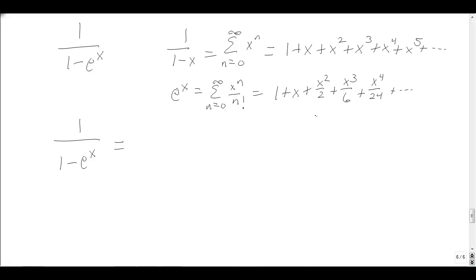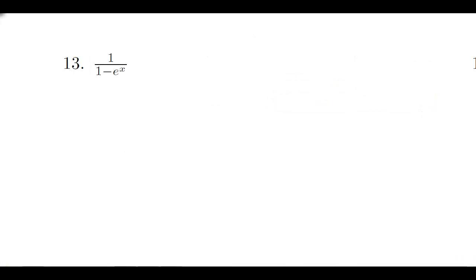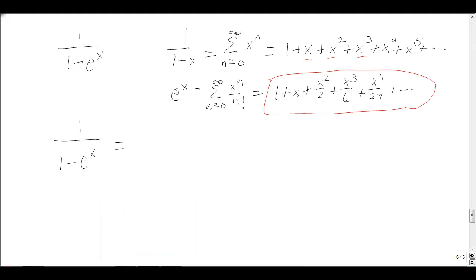And so what I'm going to get is I need to put this whole thing for e to the x inside of each of these x's here. Actually, I'm going to get trouble here. So what's going to happen here, this normally could work out. Did I actually write the right things down? Yep, that's what I've got.